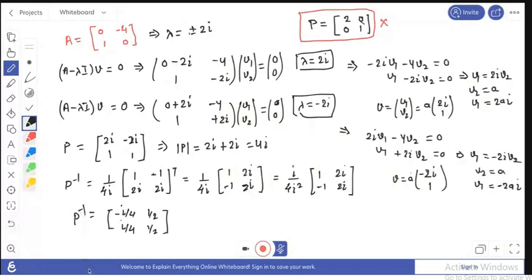For lambda equals sin x, your system is A minus lambda I times v1, v2 equals 0. Here this is sin x minus sin x, 0, 0, 2 minus sin x, times v1, v2, that equals 0.